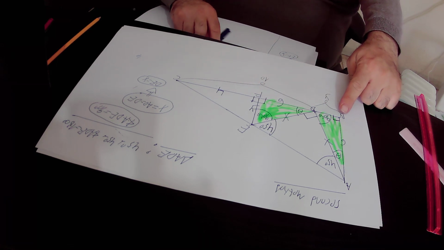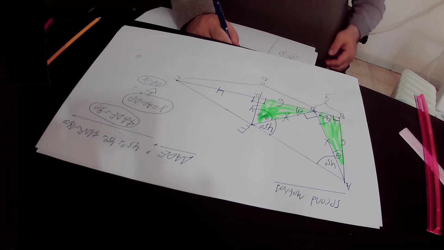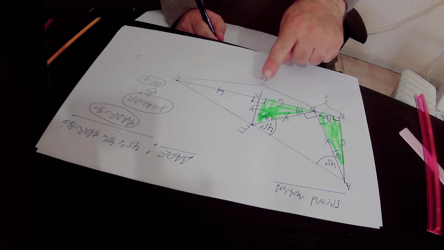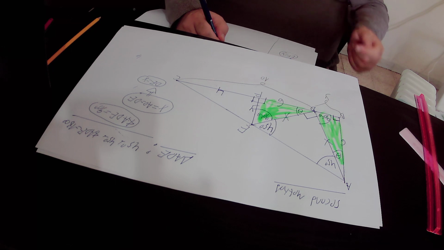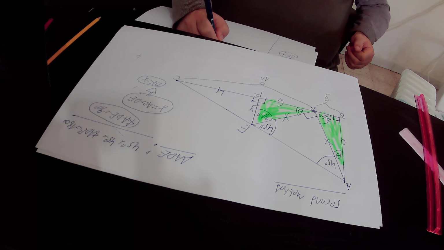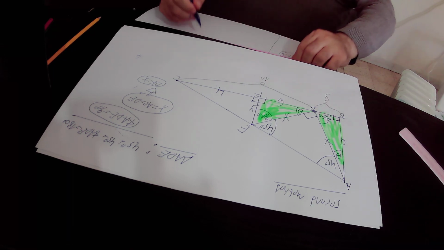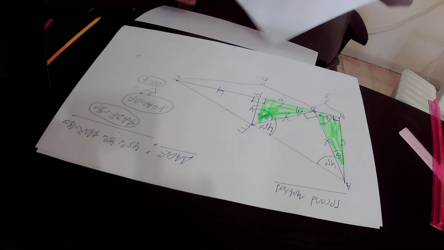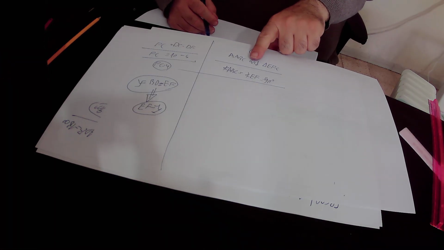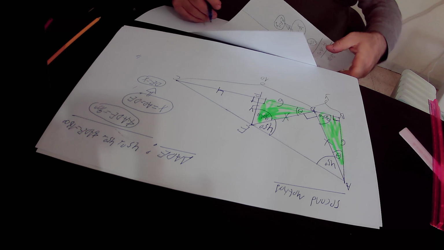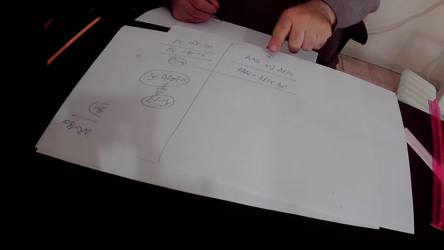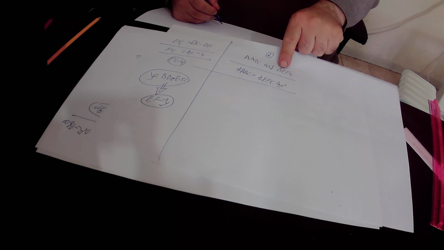So angle ABC is equal to angle EFC, and both angles are equal to 90 degrees.